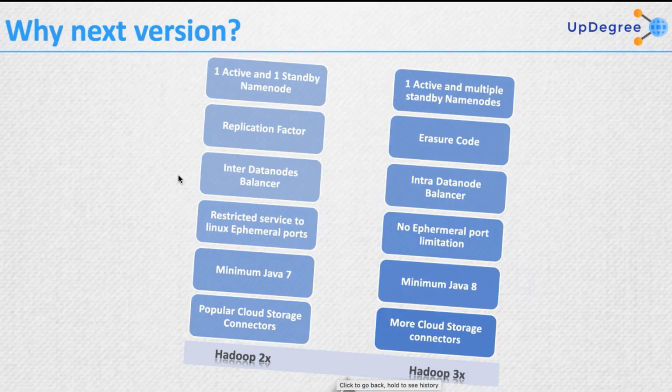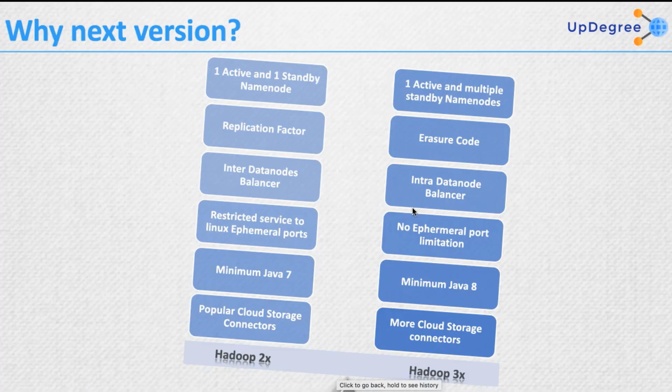It's a very tedious task, but with 3x it has been solved, and the Intra-Datanode Balancer is available. With 2x, we have restricted service to Linux ephemeral ports, which means there are some restricted ephemeral ports which we cannot use. But with 3x, there is no limitation. Java 7 is almost dead, and its support will also end.